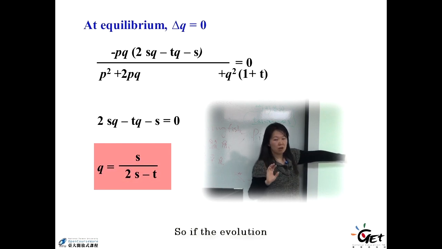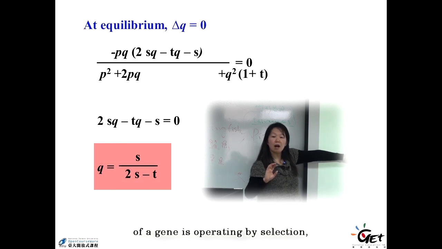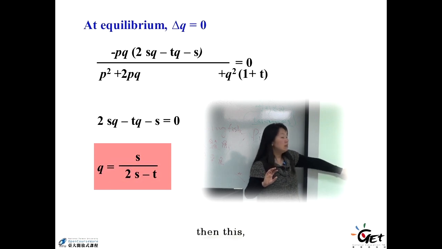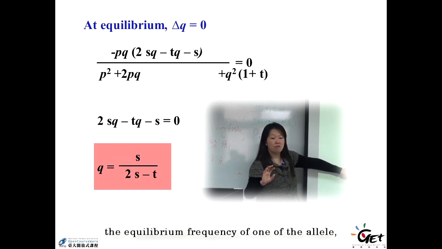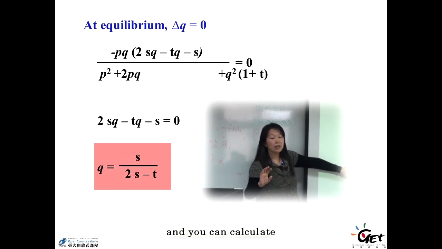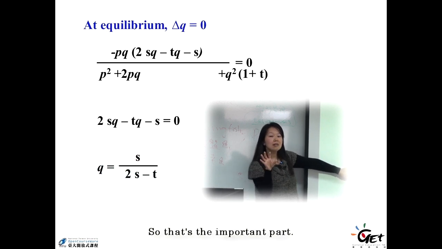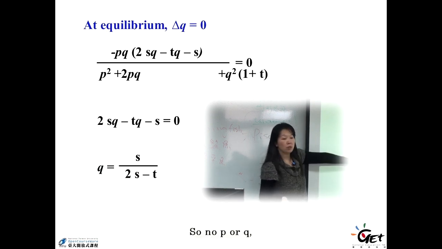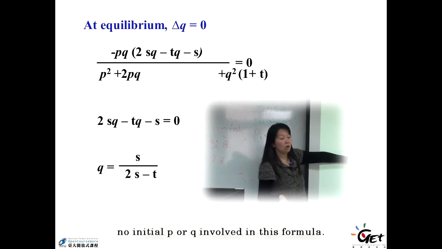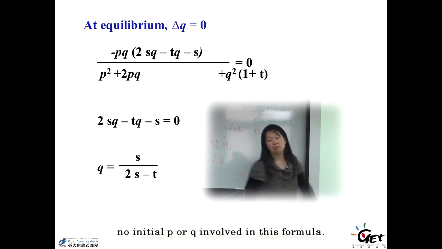So if the evolution of a gene is operating by selection, this is the equilibrium frequency of the allele, and you can calculate it purely based on their relative fitness. That's the important part: no initial P or Q is involved in this formula.